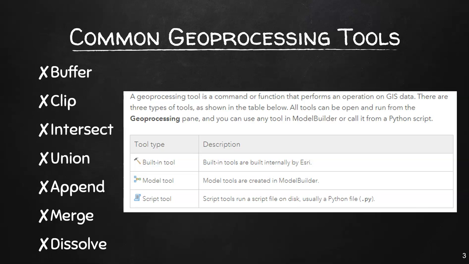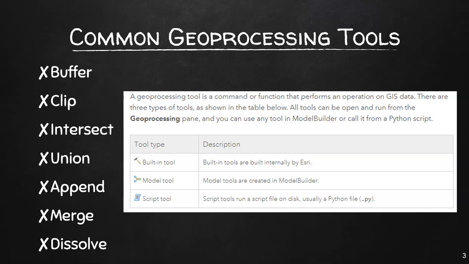And these are the built-in tools. So also in the class, you'll be using a model tool, which is a model to do some kind of spatial analysis where you'll build a model to do a clip, a merge, and then you'll have some end result. And that's an automated process.